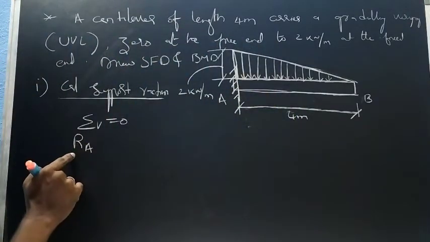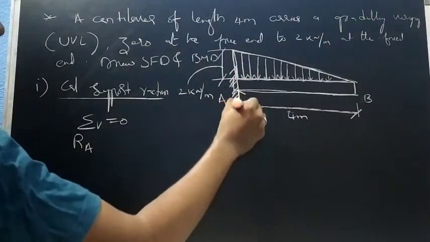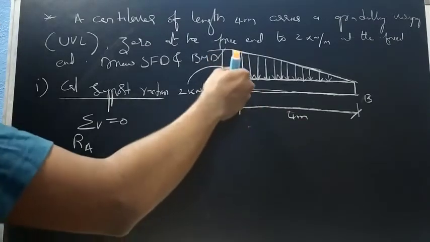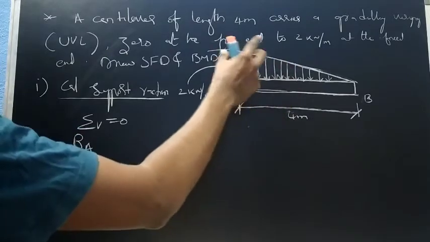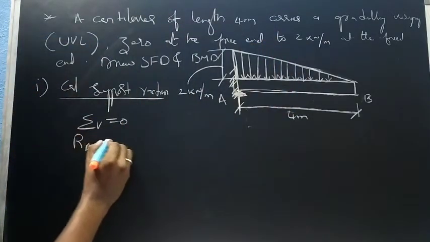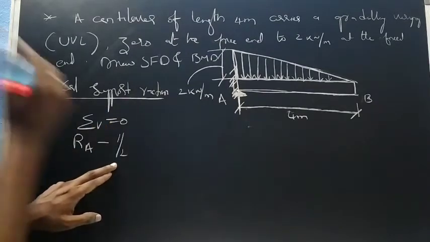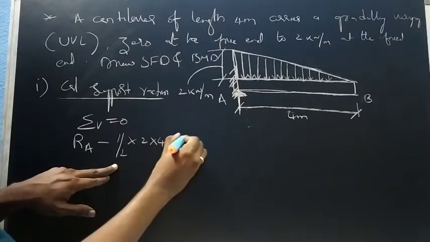RA is positive, so it is upward direction, upward reaction, vertical reaction, right? For this upward reaction we have a resultant reaction, that is uniformly varying load. So what we do, we take minus 1 by 2, that is half into base into height equals to 0.